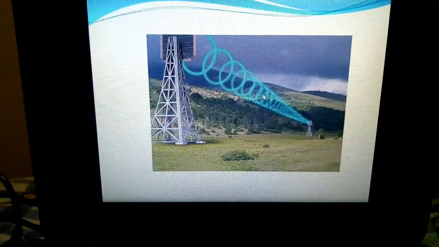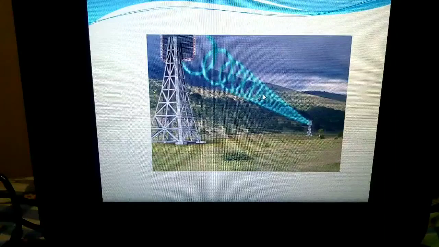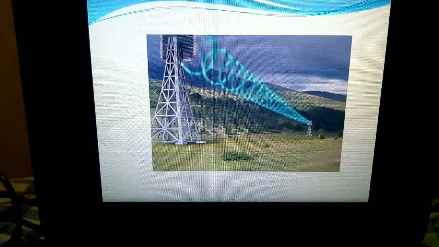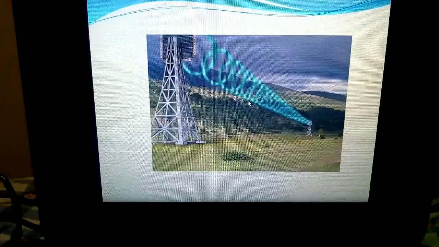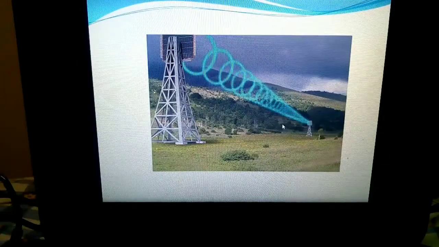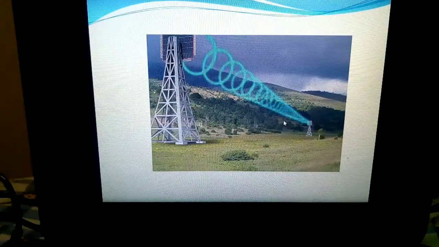Next, it is possible that microwave signals from one antenna may split up. Whenever the antenna is propagating its signals, your signals may slightly split up and take a slightly different path to reach the receiving antenna.